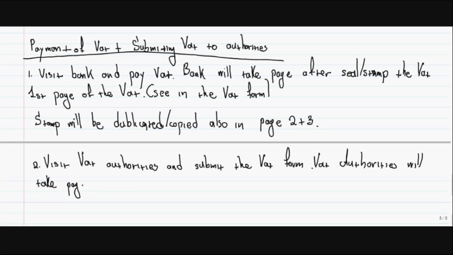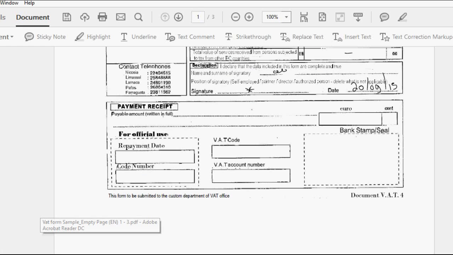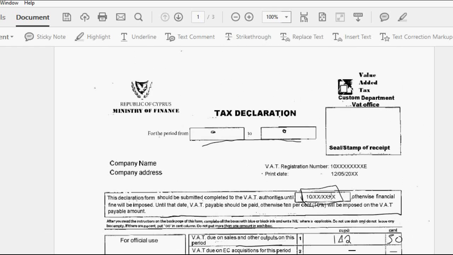Before they take page 1, they will put their stamp here. By putting their seal here, the VAT authorities confirm that you submitted your VAT to them.